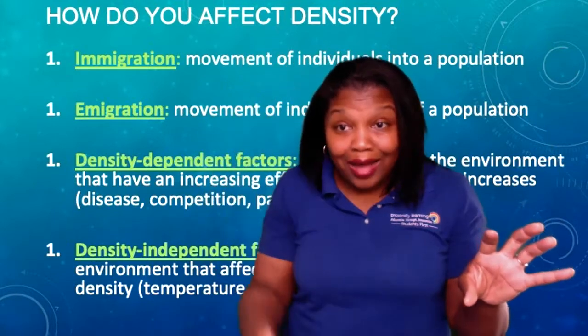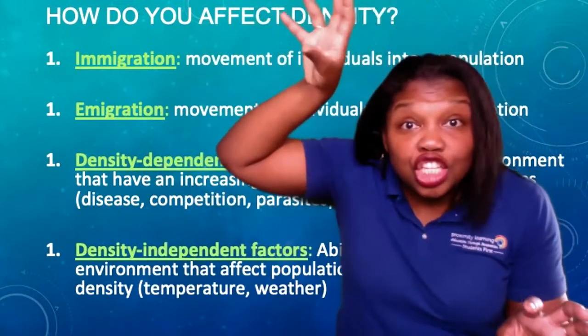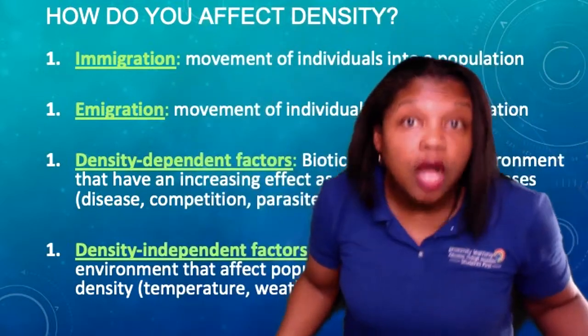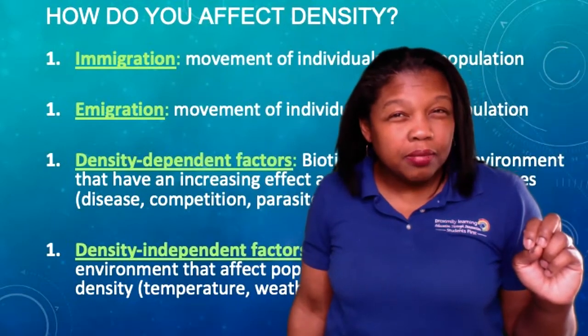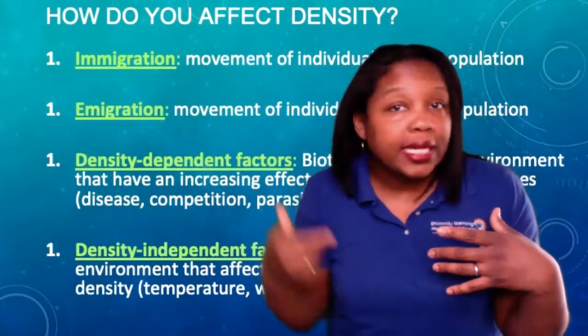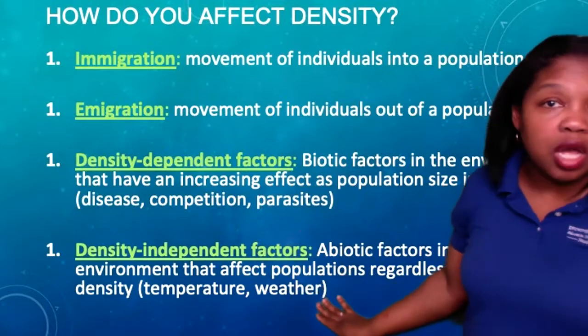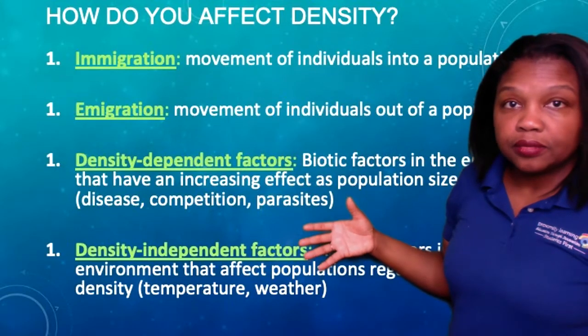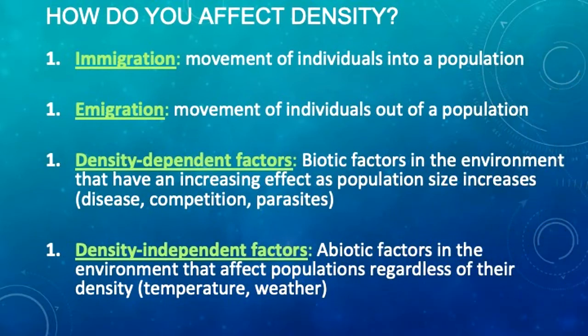If it's going to be hot, it's going to be hot, because the sun does not change its temperature because there's only 2 people standing in an area. You get what I'm saying? The number of people does not determine the speed of the wind. The number of people does not determine whether or not it rains. That has nothing to do with it. That's completely independent. We have no control over those things.